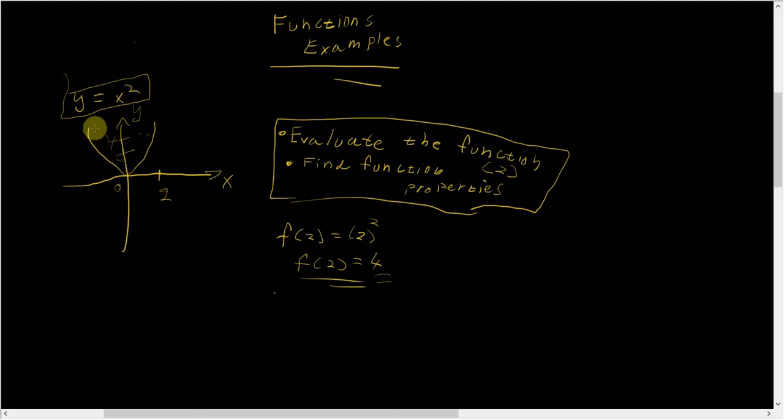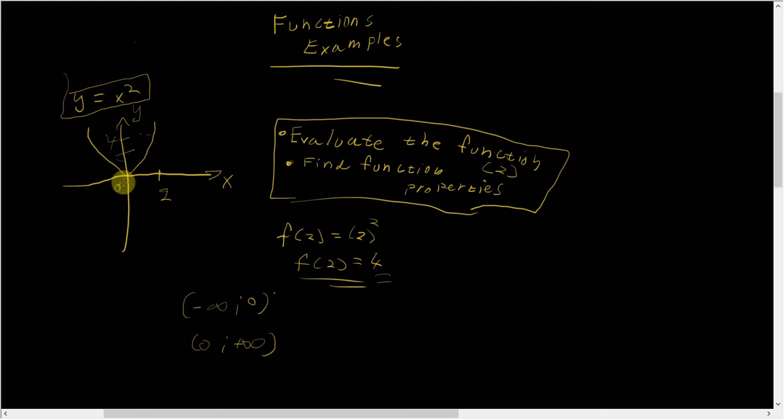So if I plug in values from minus infinity to 0, I can see that my values on my y-axis are going to get smaller and smaller and closer to 0. But if I go from 0 to plus infinity, my y values are going to get higher and higher.